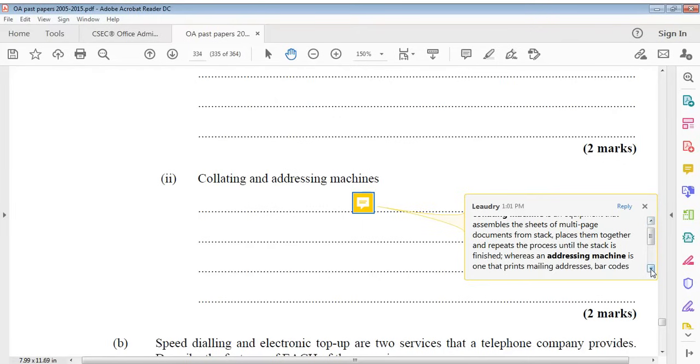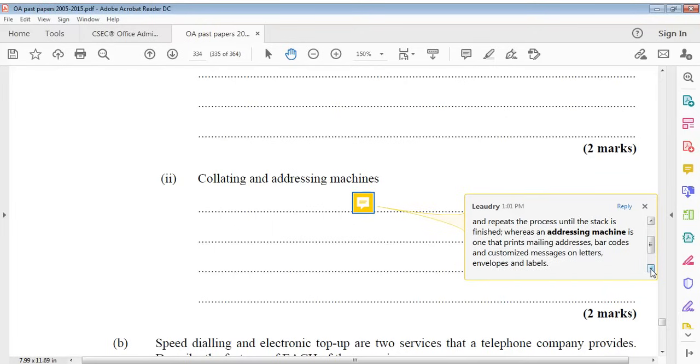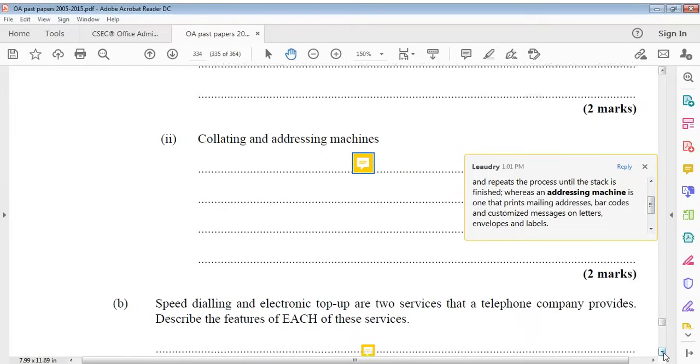Whereas an addressing machine is one that prints mailing addresses, barcodes, and customized messages on letters, envelopes, and labels. So that would be your answer.